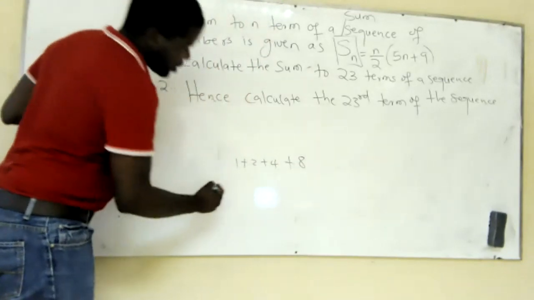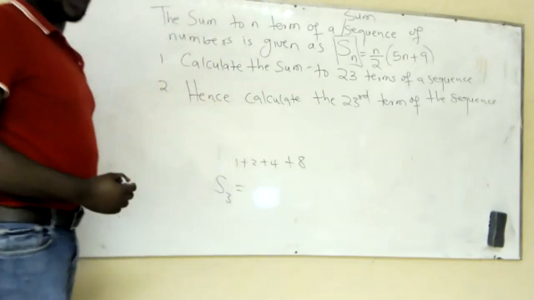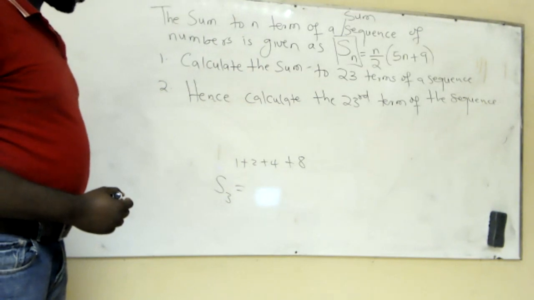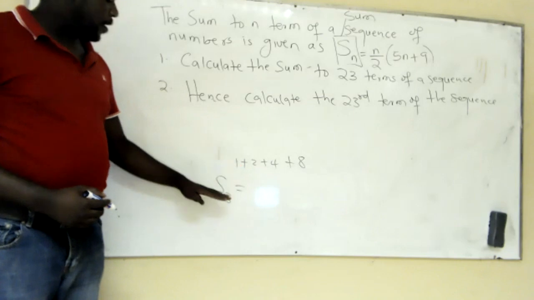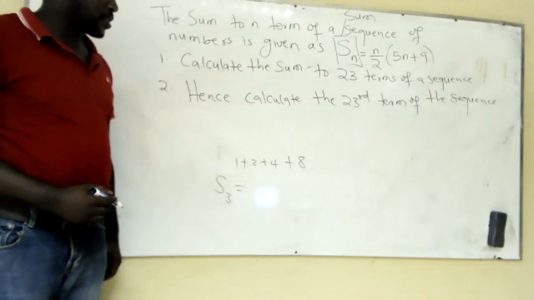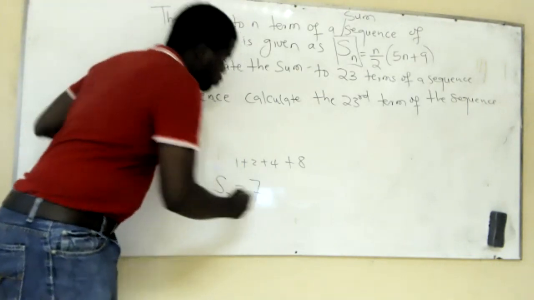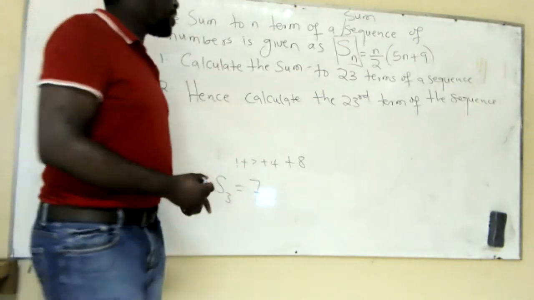If the question says find the sum of 3 terms, the answer will be 7, because you just have to add the first 3 terms, and then you get the answer.